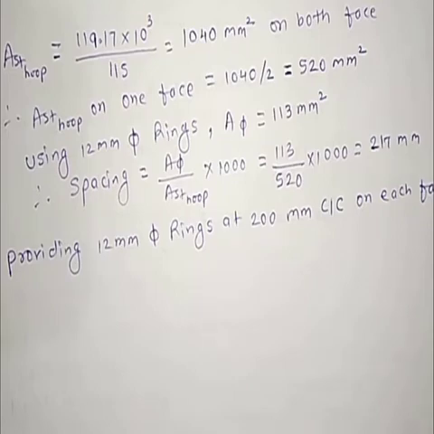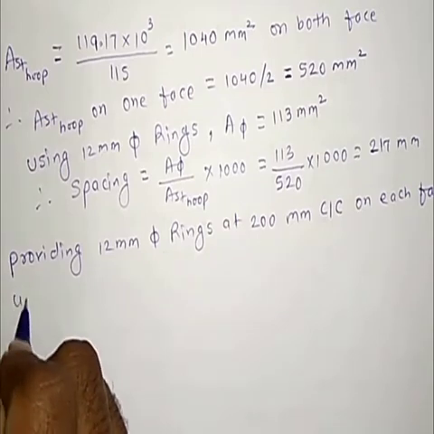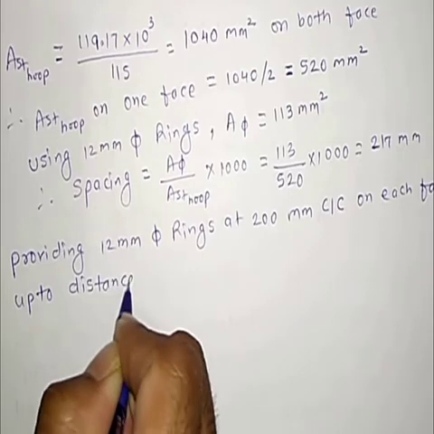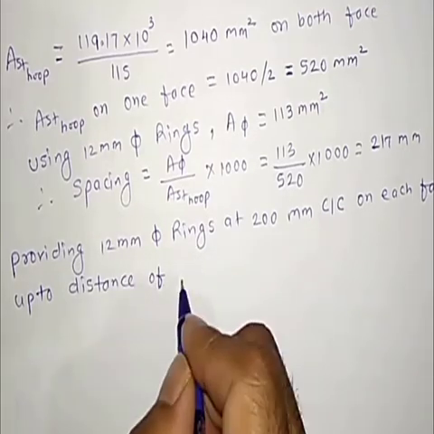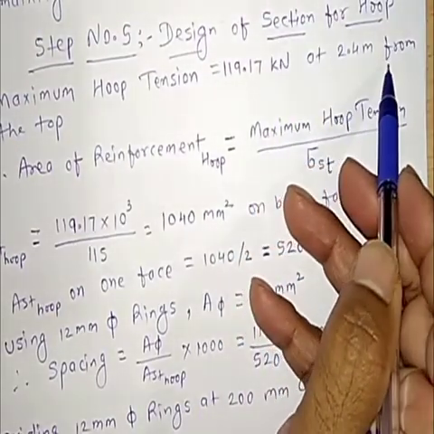So this is how you can calculate the hoop reinforcement, which is provided up to a distance, as I said, of the maximum hoop tension, which is actually 2.4 meter from the top.